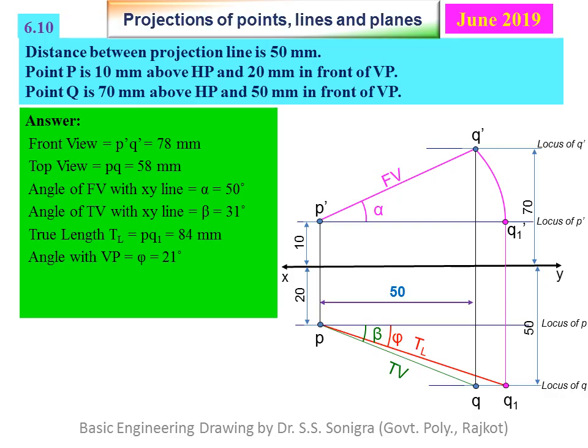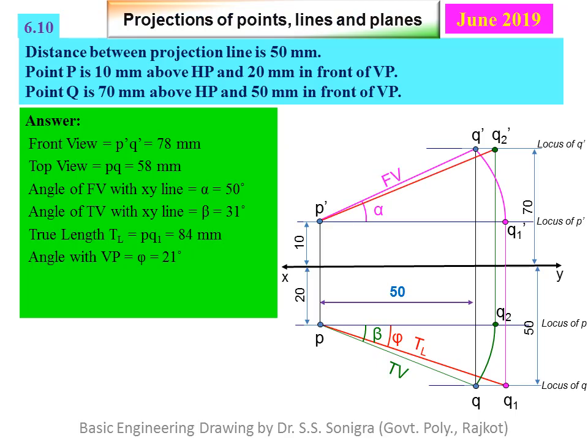Now to find out the angle of line PQ with the horizontal plane, that is theta, what should we do? For that, make its top view parallel to the XY line, meaning take P as a center and PQ as a radius, draw an arc, and mark point Q2 on the locus of point P. From this point Q2, draw a straight vertical line that will cut the locus of Q dash at this point, that is point Q2 dash.